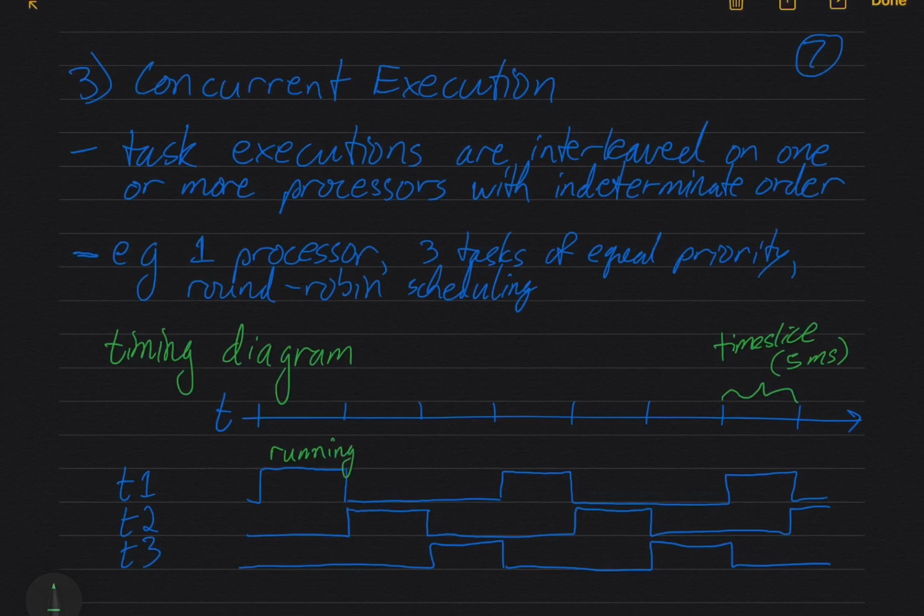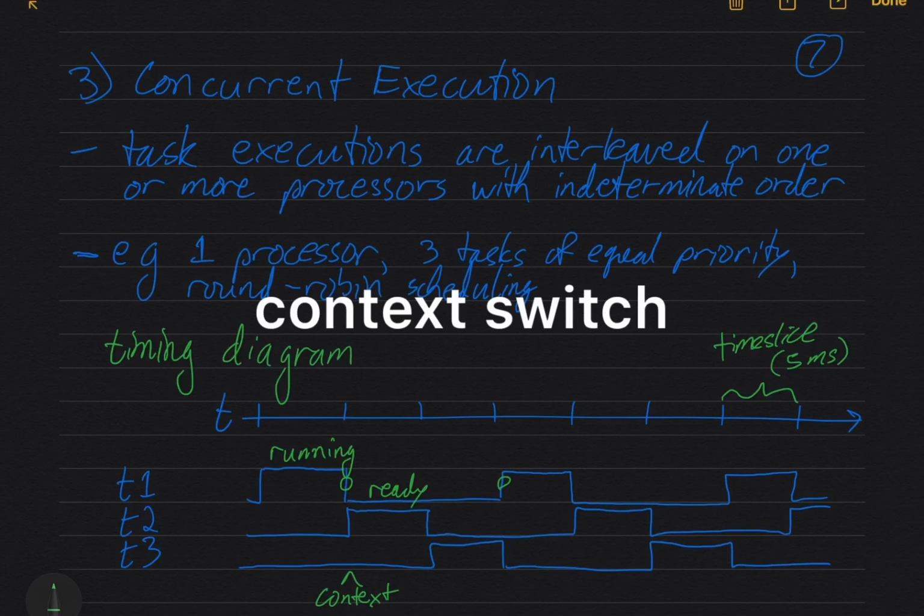Now T1 is in the running state while the bar is high, and it's in the ready state while the bar is low. So it got suspended at this point here, and then it will be resumed at this point here. So this is an example of a context switch.